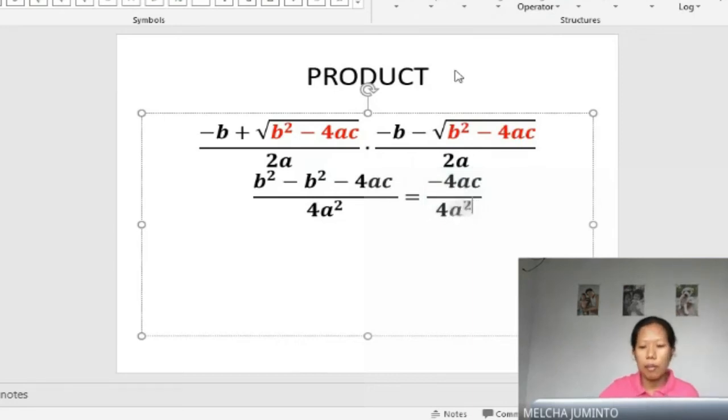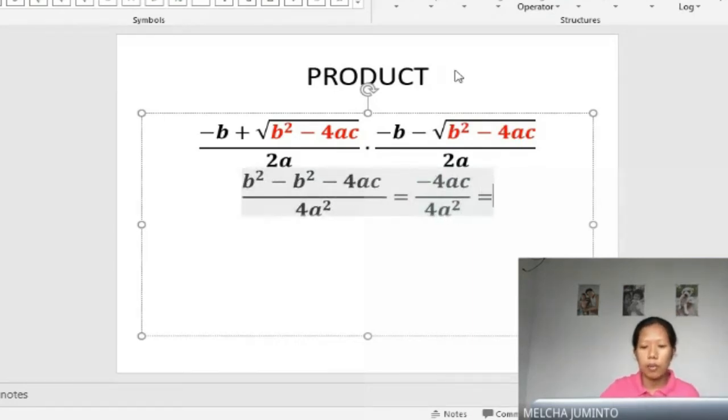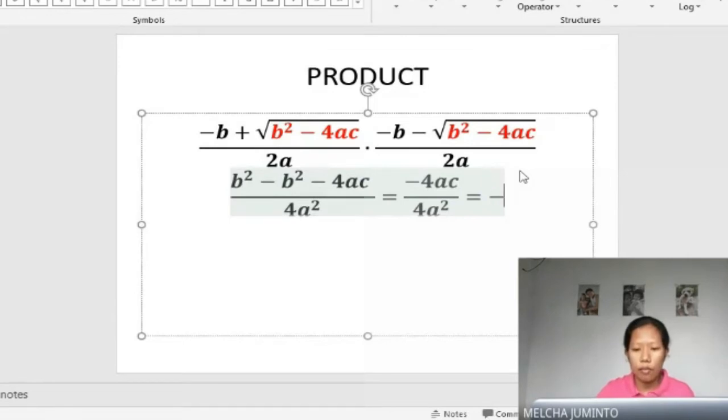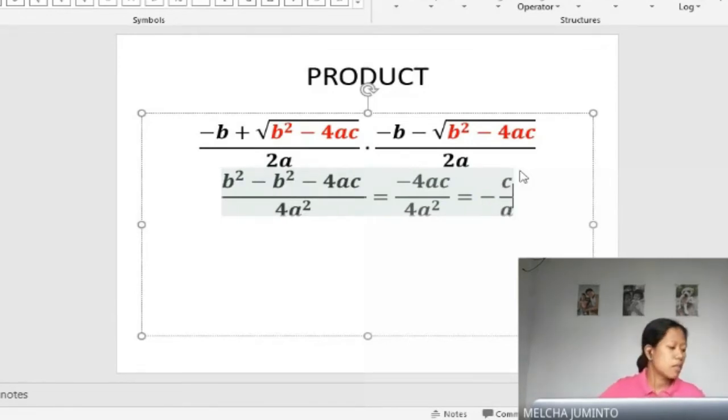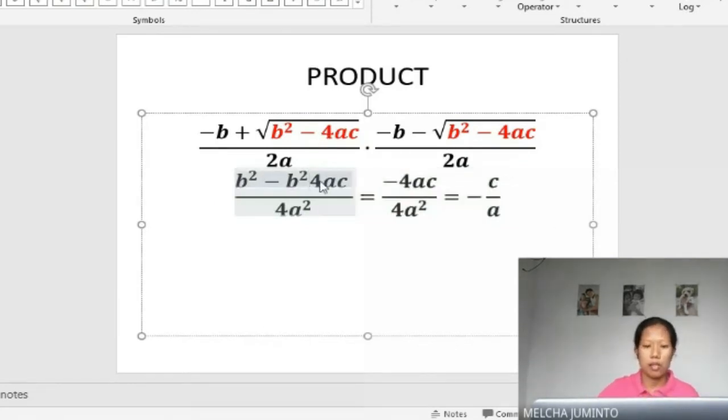And we can still simplify this because both of them contain 4. Negative c over a. It should be positive, because negative 4ac minus negative 4ac is positive. Sorry.